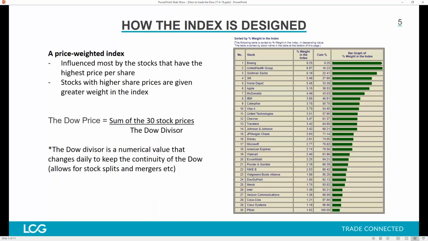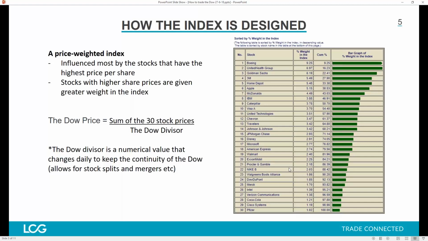So how the index is designed: your attention is probably immediately drawn to this chart on the right here. The nice thing about the Dow is it is only 30 companies, so you can focus your attention a little bit on those. And it's actually quite interesting because yes, there are 30 companies, but the influence of these top companies is huge.